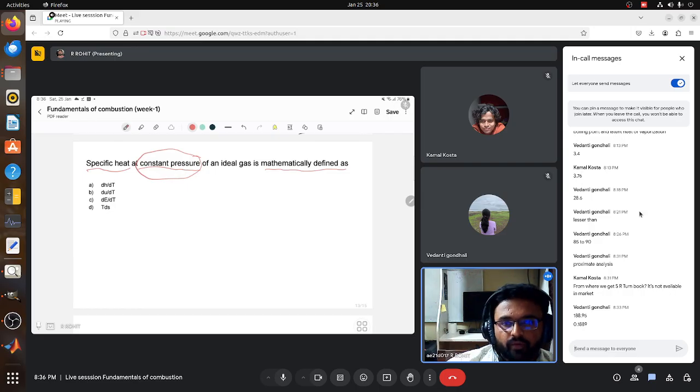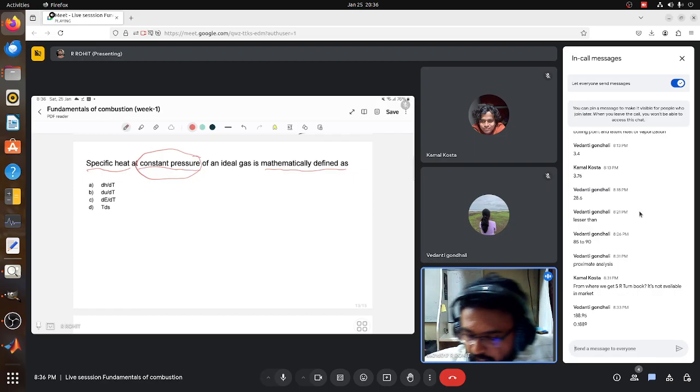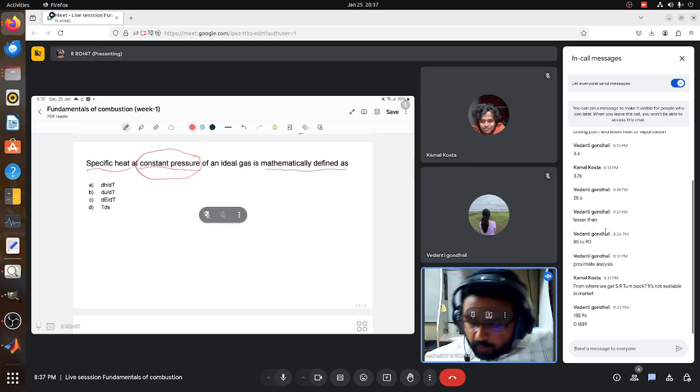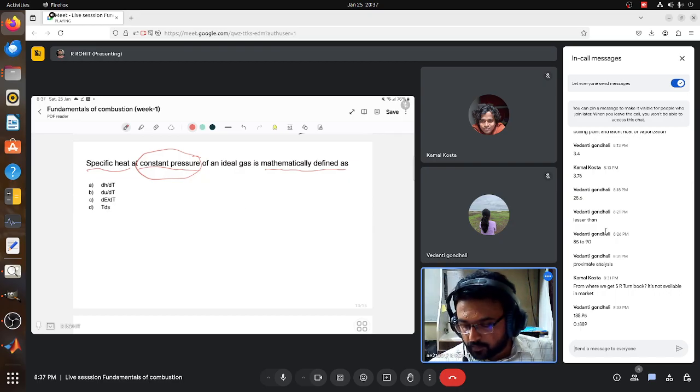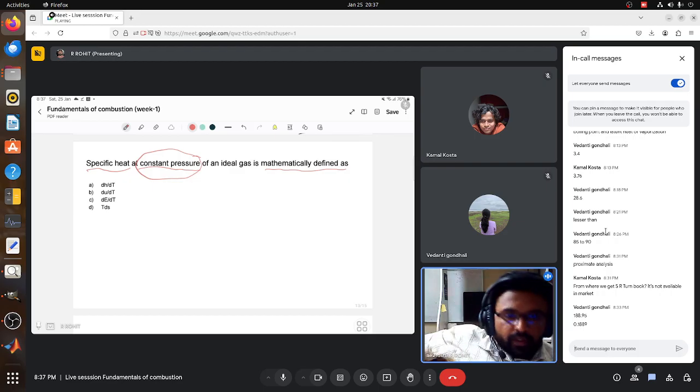So I'll wait for one or two minutes. This we have asked just a few minutes back: what is the specific heat at constant pressure? What is the specific heat at constant volume? You guys can try it.